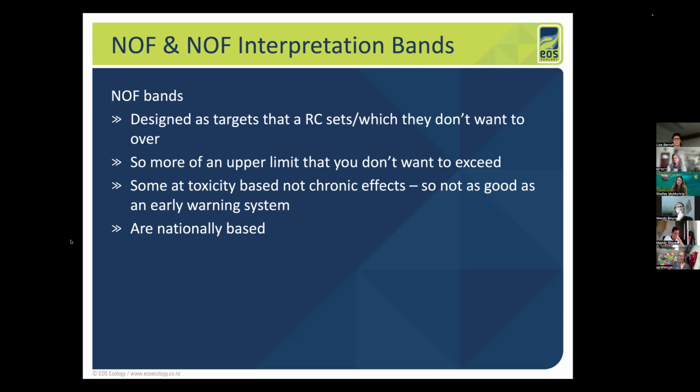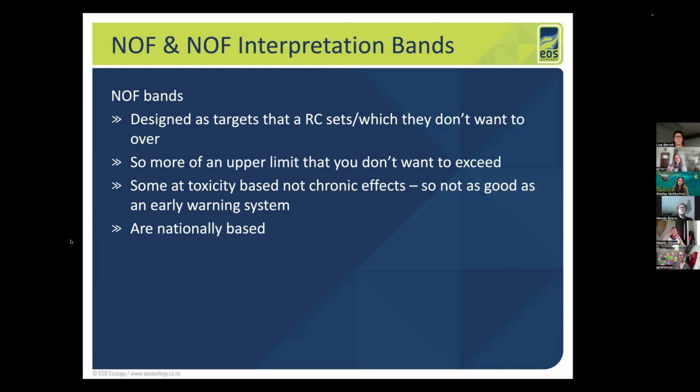So it's not really one that you're looking to use to go, hey, we're not there, everything's fine, we don't need to do anything, or, we're over it, what do we do now? It's actually trying to prevent exceeding that limit in the first place.